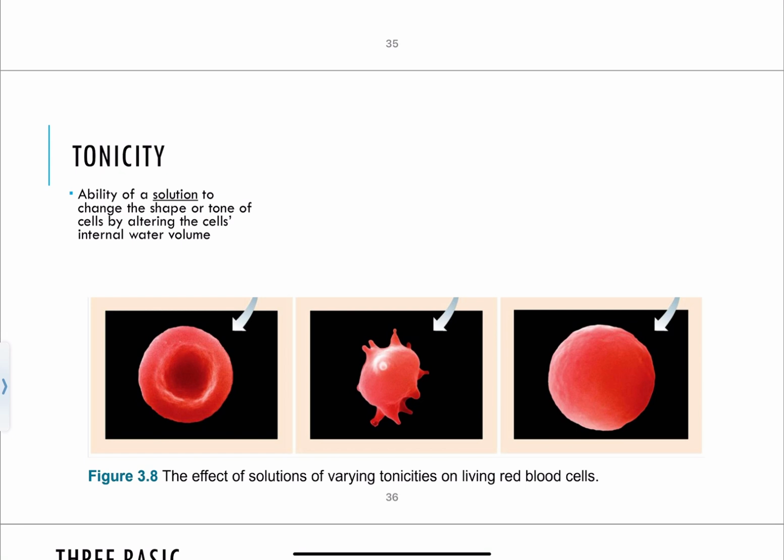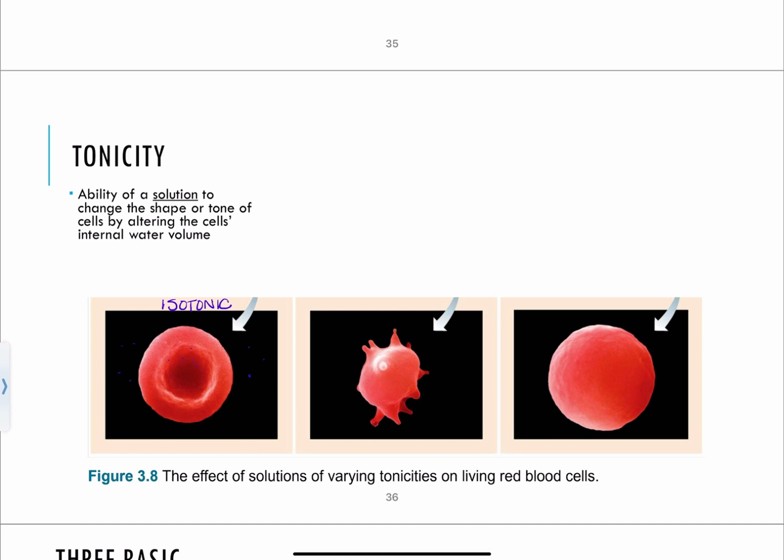One of our cells in particular, our erythrocytes, our red blood cells, are capable of doing this based on the amount of water that they have on the inside. So if you take a red blood cell and you put it into an isotonic solution, which means it has the same concentration of solute out here as it does inside, that's why it's called isotonic, nothing happens.